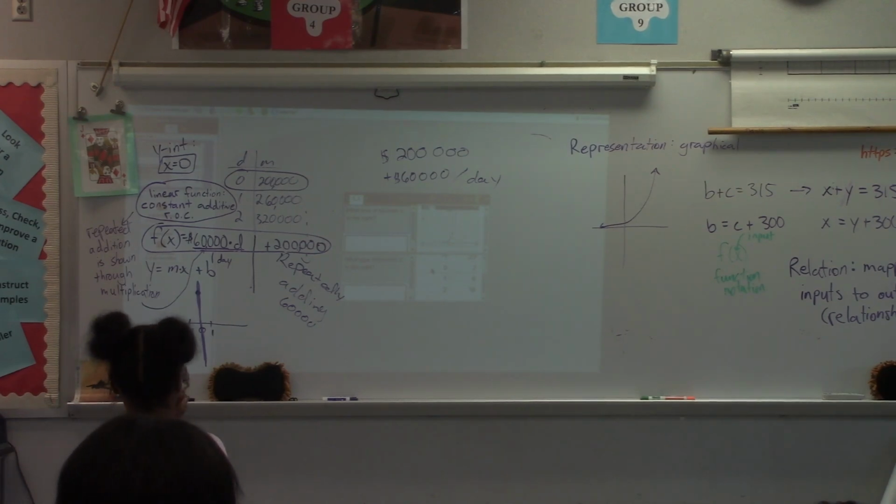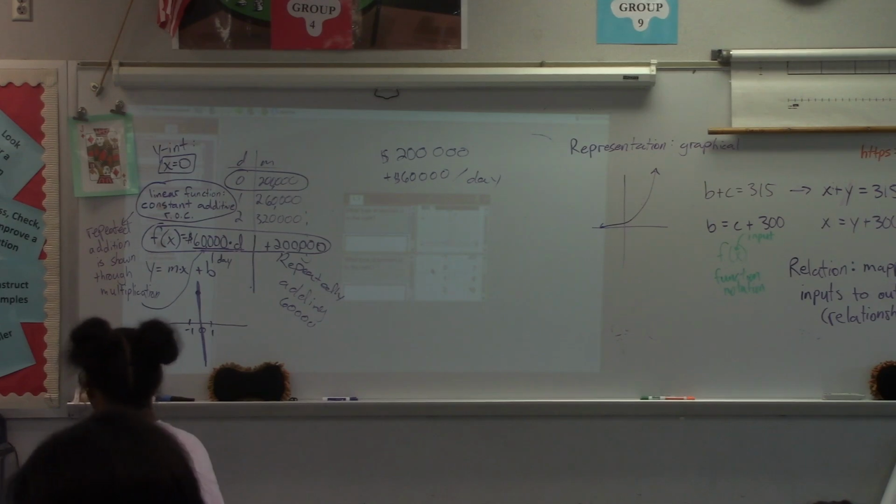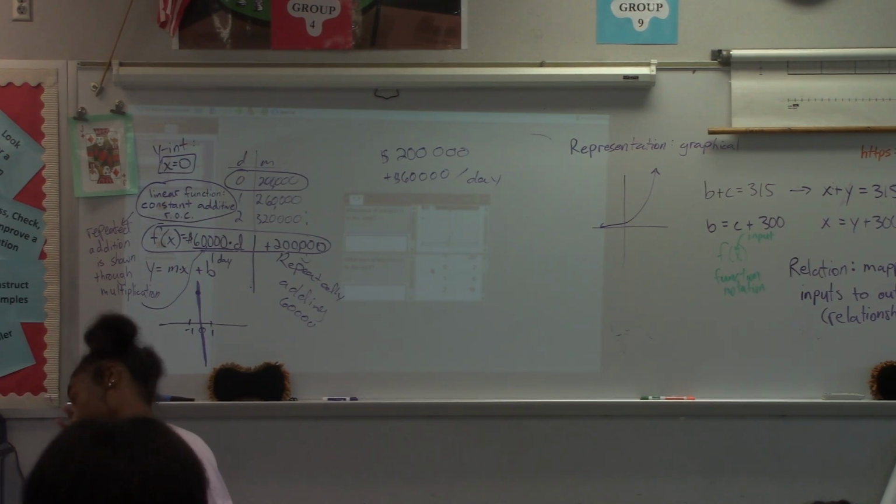Okay, let's say I take out the word function, I just call it a linear relation. Is it a function? How? Why? Every input maps to one and only one output, right? Oh yeah, right? There's that definition of relation still there.